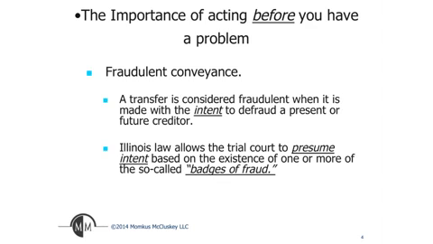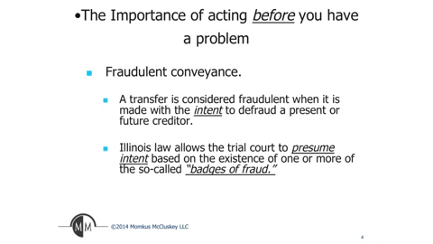Now that we've established the goal of asset protection planning, which is to put you in a position to negotiate a cents on the dollar deal, let's discuss when it's important to act. It is really critical that you act before you actually have a judgment against you.